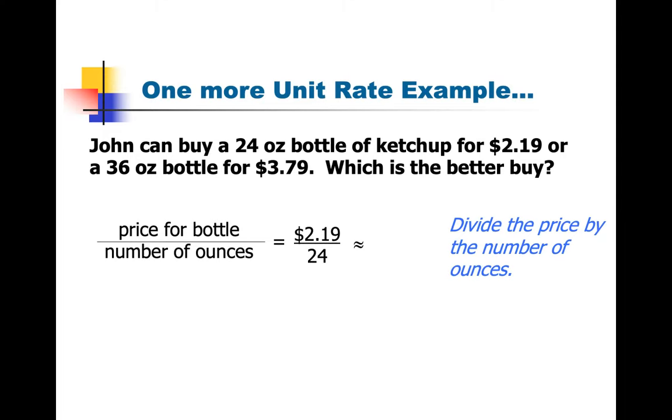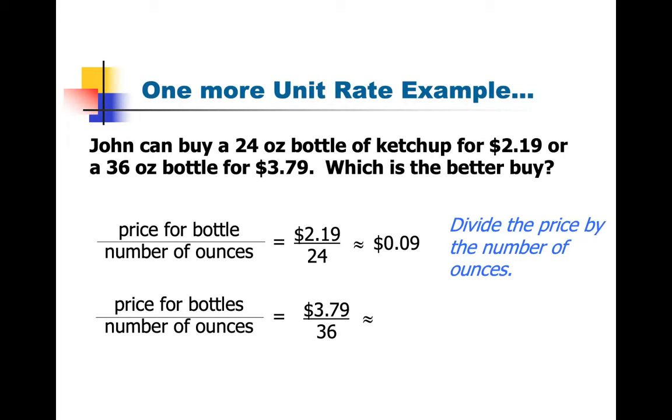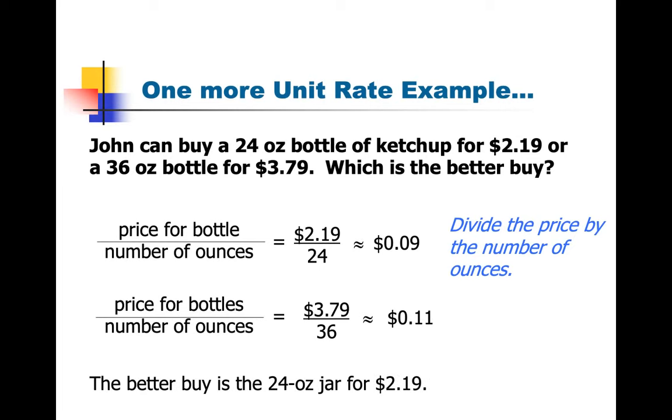So it's always the price over either the amount or the number of whatever we're talking about, pounds, ounces, whatever. In this case, it's $2.19 for a 24-ounce. If you divide that out, you get about 9 cents per ounce versus $3.79 divided by 36, which gives you about 11 cents per ounce. So the 24-ounce bottle of ketchup is the better buy.